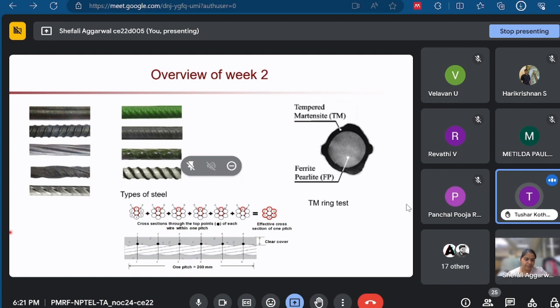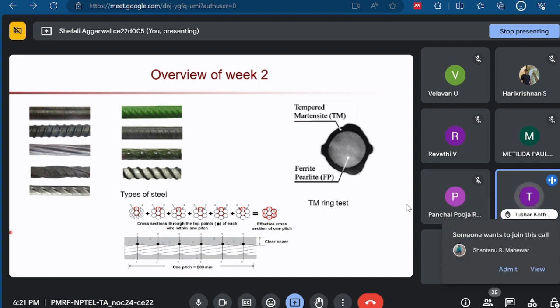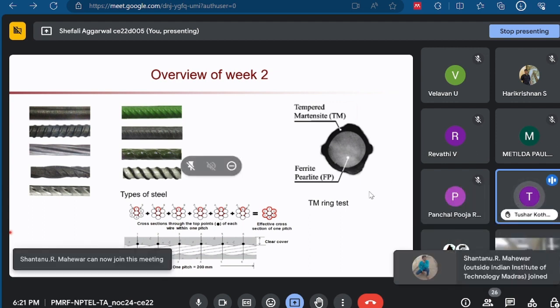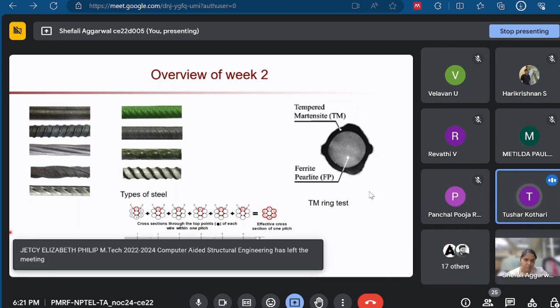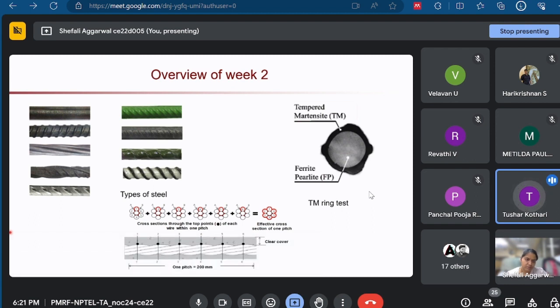Ma'am, as it was mentioned in one of the slides, a comparison was made as per ASTM 775 and IS 13620 regarding the epoxy coating thickness. ASTM was using around 177 micrometers of thickness, and in our Indian standards we are using 100 micrometers.